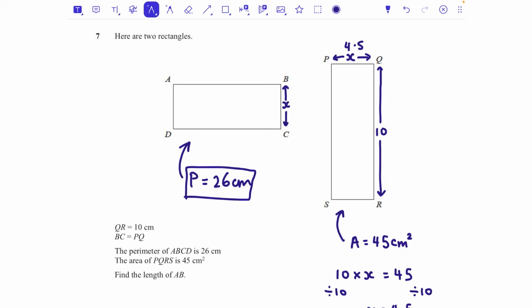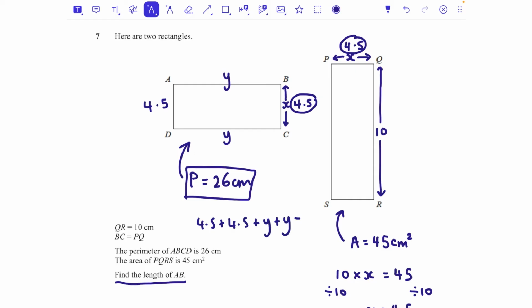And if I know that x is 4.5, then I also know that this one is 4.5 because we were told in the question that they are the same. Great. This is a rectangle, so this one must also be 4.5. And then let's call this y because this is what we're trying to work out. We've got to find out the length of AB. I now know that 4.5 add 4.5 add 2y equals 26. The distance all the way around the outside of this shape, that's the perimeter, is 26.